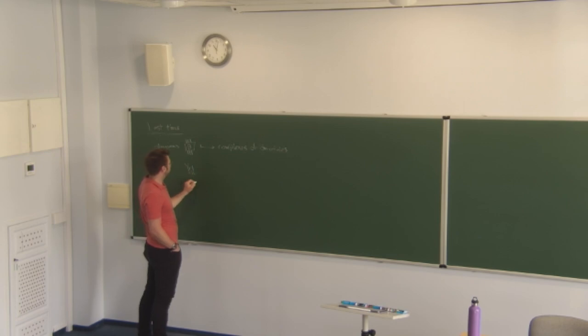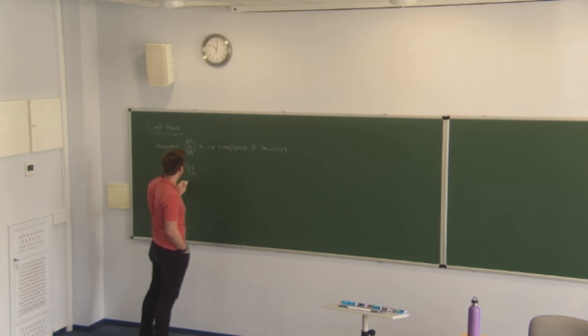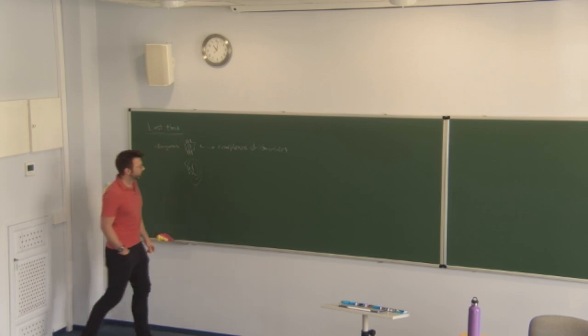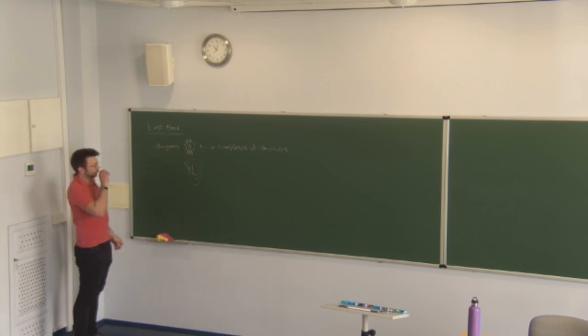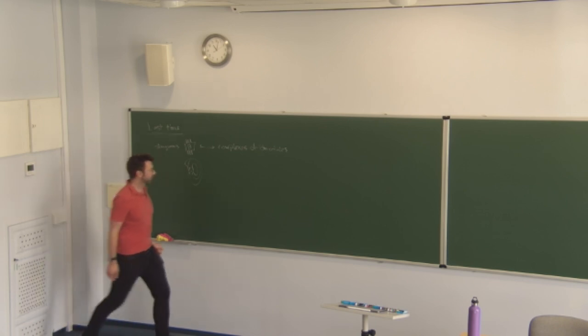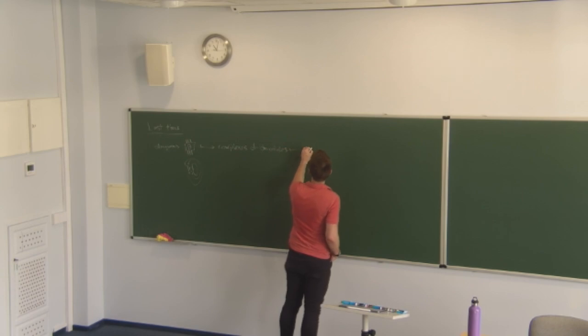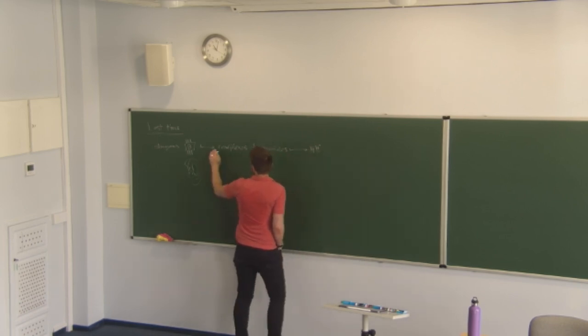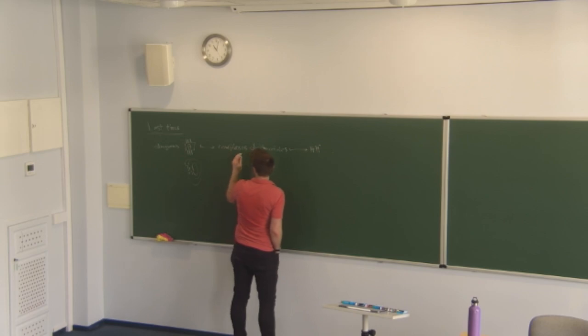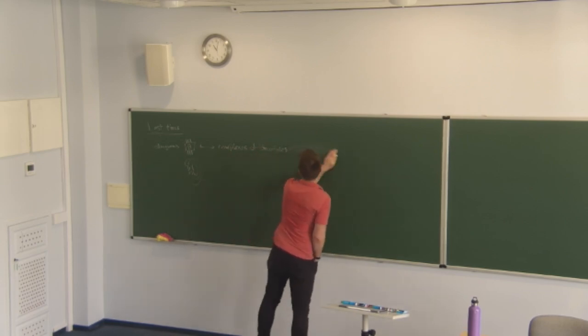There's a procedure where we can take such a diagram and close it up, so connect the strands on the top and the bottom. This operation corresponds to what's called Hochschild homology of bimodules. A diagram with boundary will correspond to a complex of bimodules.